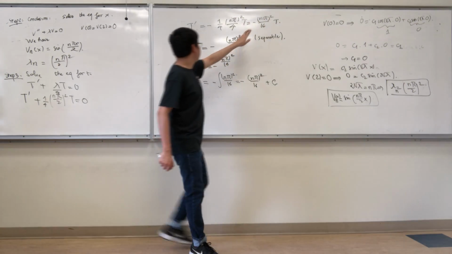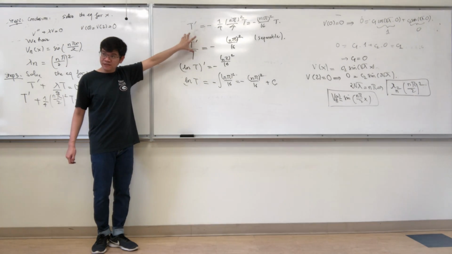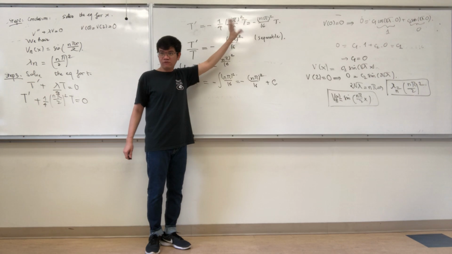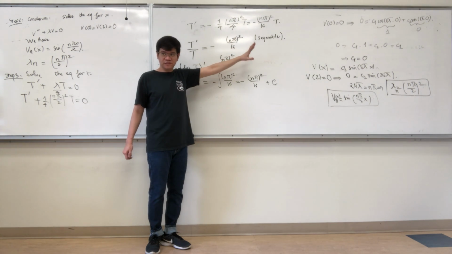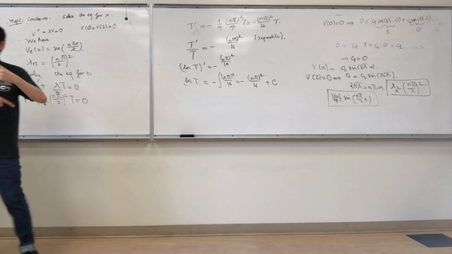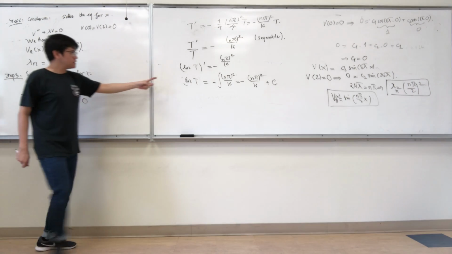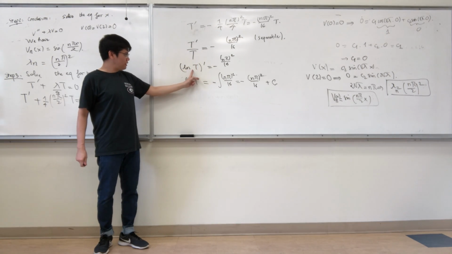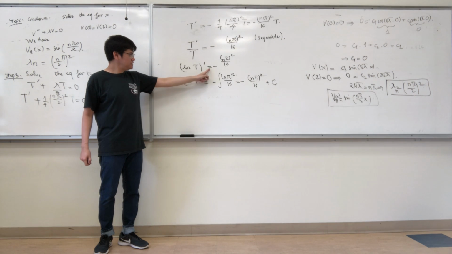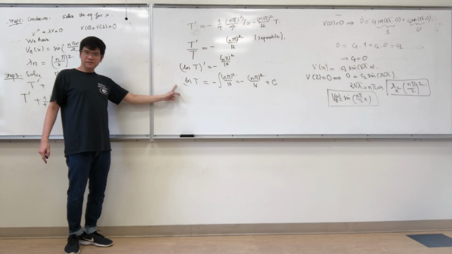But what you do is you divide by t. So on the left hand side you have only t, and on the right hand side you have only the constant. So separable means that you divide on both sides so that on one side you have one term and on the other side you have the other term, right? So t prime over t will be log of t prime, and this gives you minus n pi squared over 16. This is it, yes?